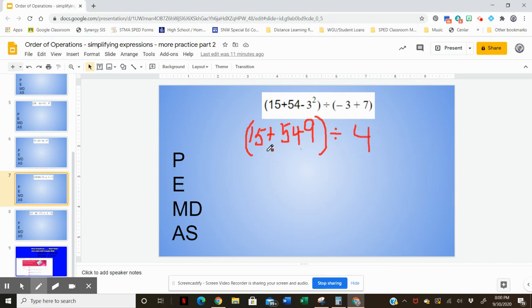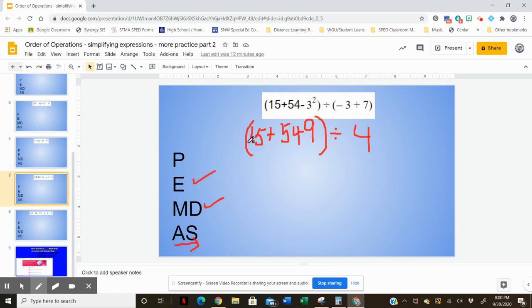All right. I'm still working on my parentheses piece because I haven't solved it all yet. I've got 15 plus 54 minus 9. There's no multiplication and division. So I'm just going to check that off. But there is addition and subtraction inside those parentheses. And remember, if there's addition and subtraction, we go from left to right.